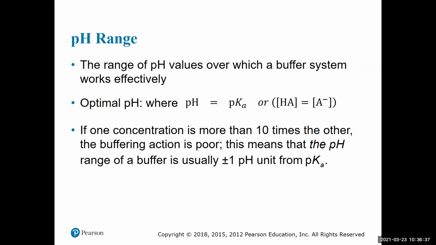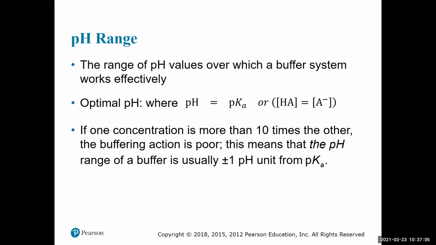Buffers also have a pH range over which they are effective. Basically that range is the pKa plus or minus 1. That comes from the fact that the optimal pH is when pH equals pKa, or in other words, you have the acid concentration equal to the anion, the conjugate base concentration.